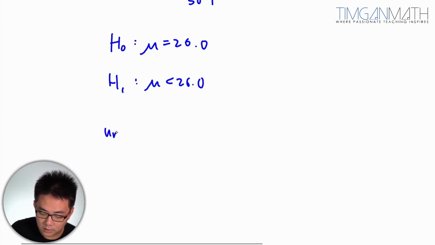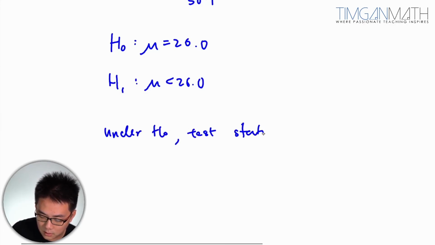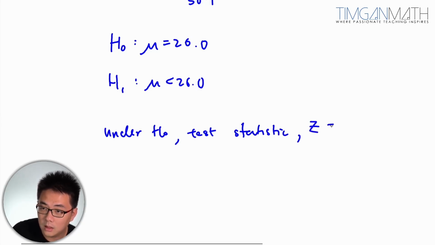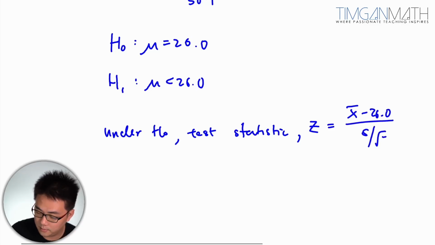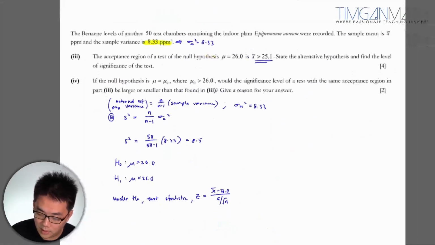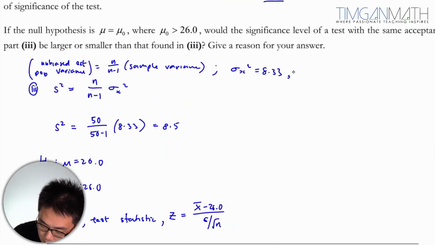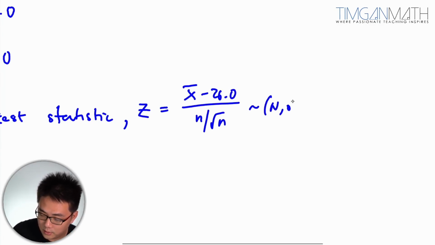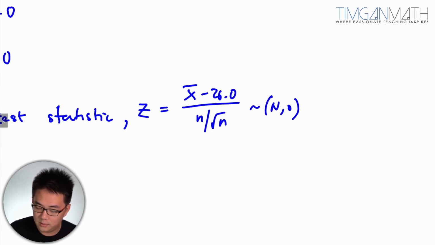basically under H0, the test statistic would be z equals x bar minus 26.0 over s over square root n, where n is 50. And this will be approximately N(0,1).